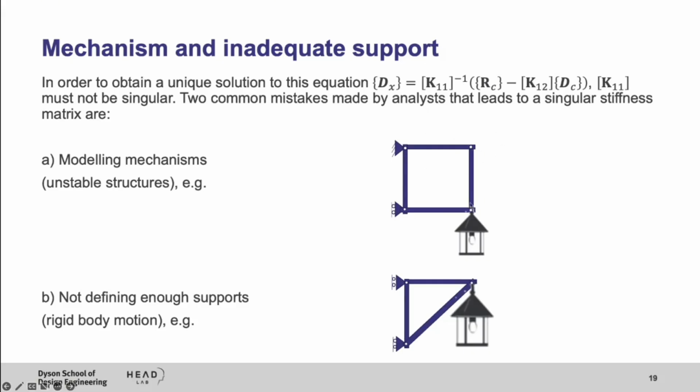And if you try modeling this in a software like ANSYS, you will definitely run into an error, and probably that error will be something very much similar to this, like pivot in the structure or singular stiffness matrix. Another mistake that we can make that leads us to this problem is not defining enough supports for our structure. And that means the structure will just start moving forever.